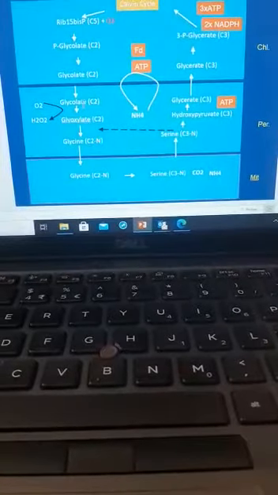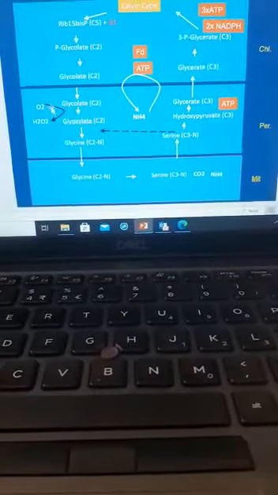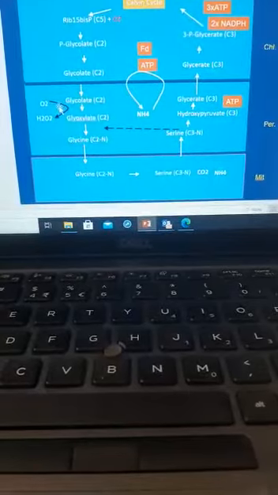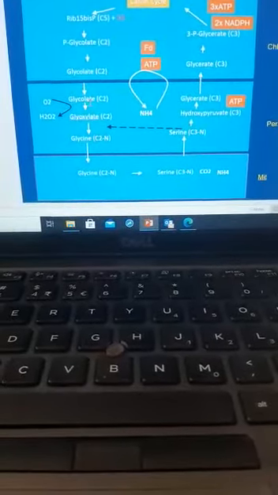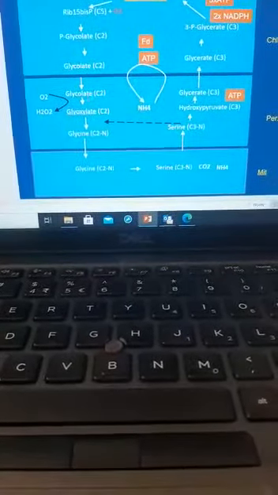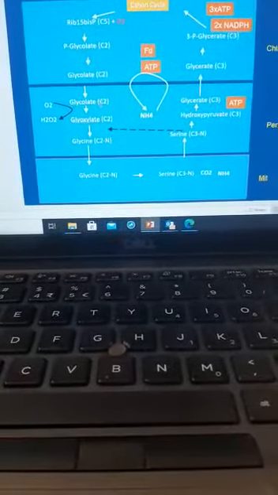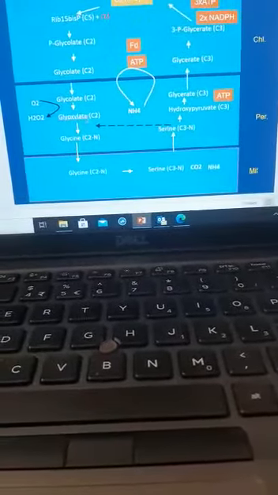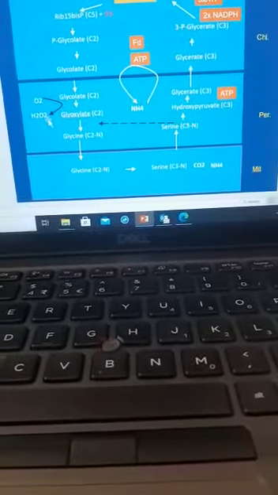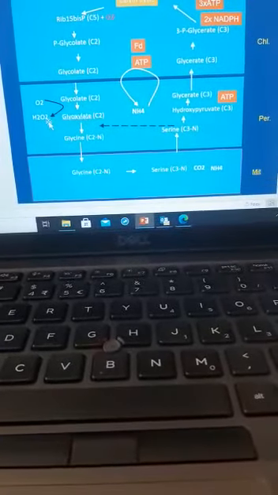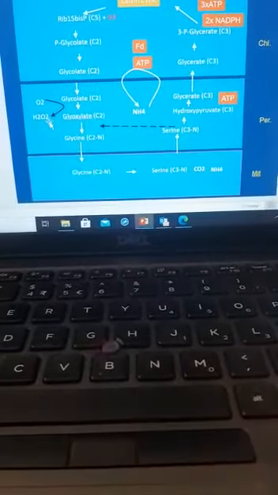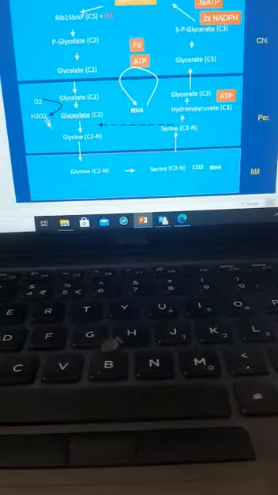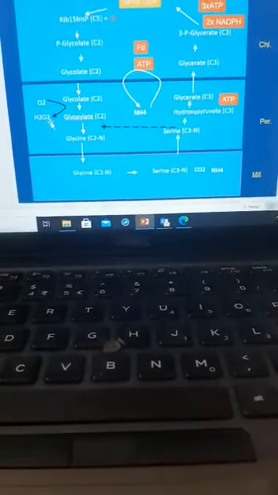Within the peroxisome, that glycolate is going to interact with oxygen. So it's glycolate plus oxygen, that's the reaction. And the product is going to be glyoxylate, which is an organic acid, and a byproduct, which is hydrogen peroxide. That is taking place within the peroxisome.